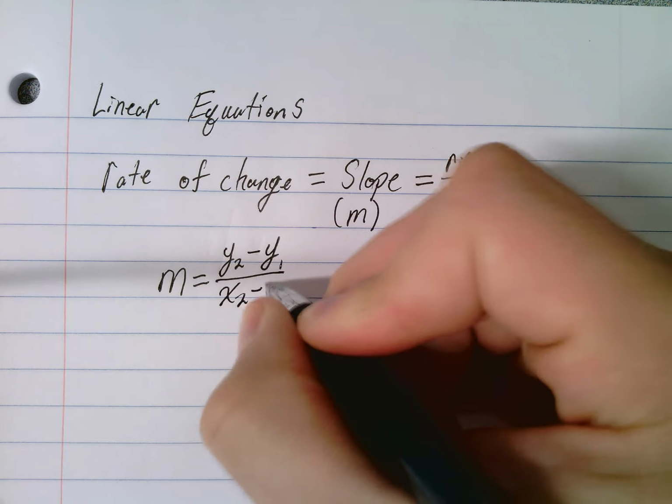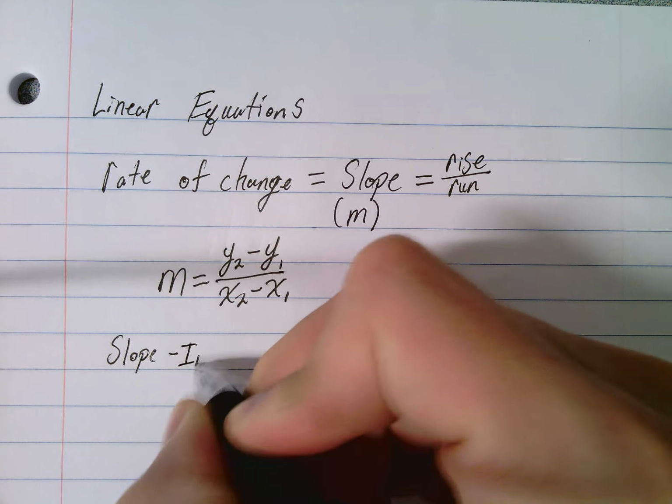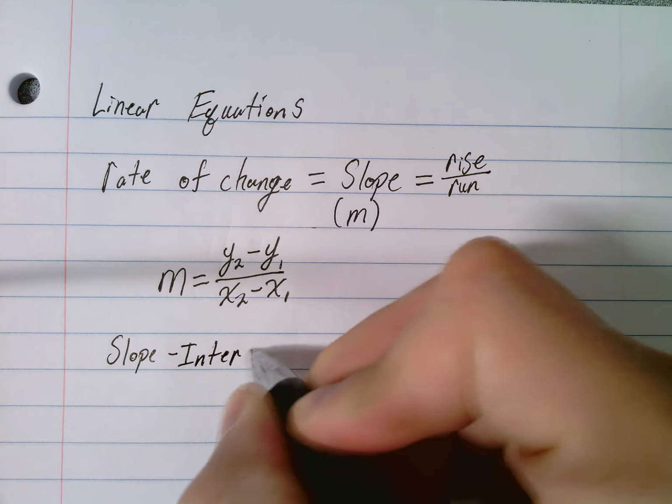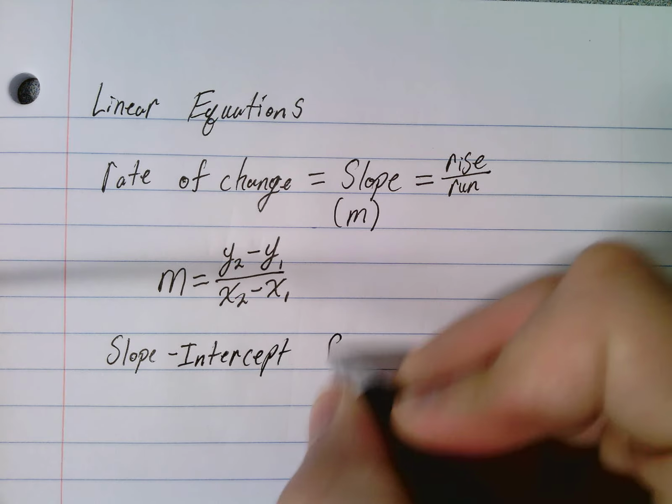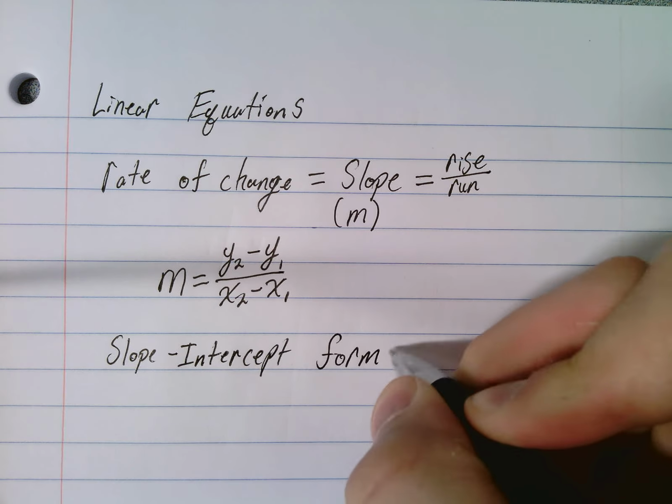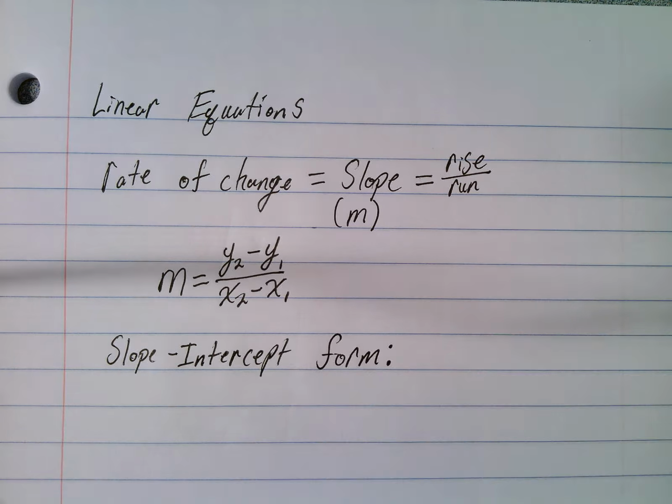And let's see. What else did we know about some things here? We had maybe slope-intercept form. What is slope-intercept form? Good.